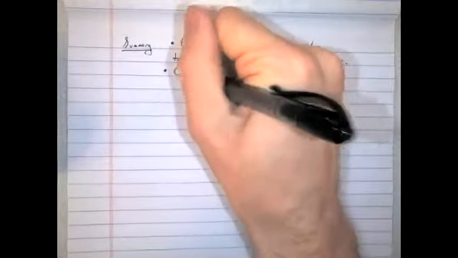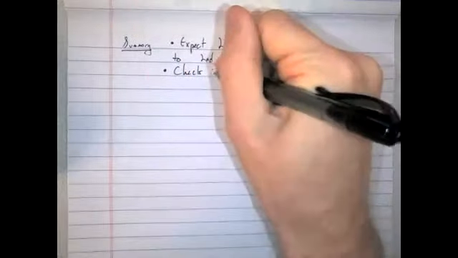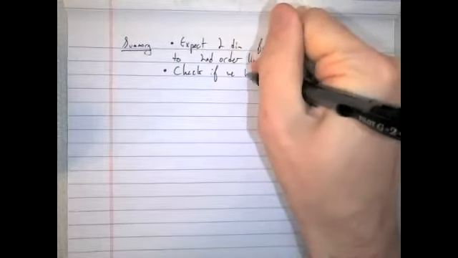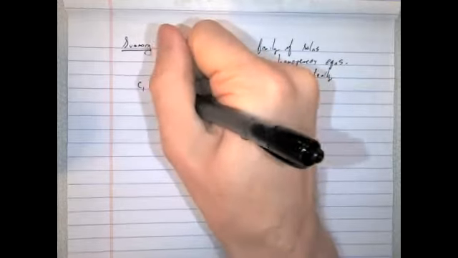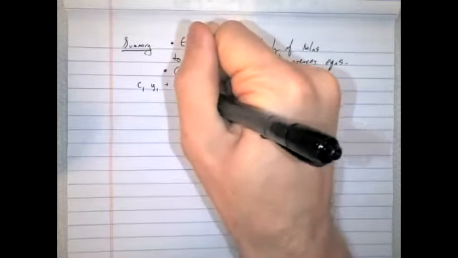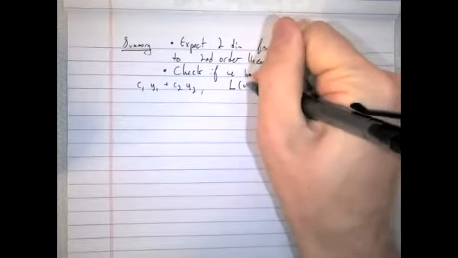We can check if we have the full family in the form C1 y1 plus C2 y2, where L of yi is equal to 0.